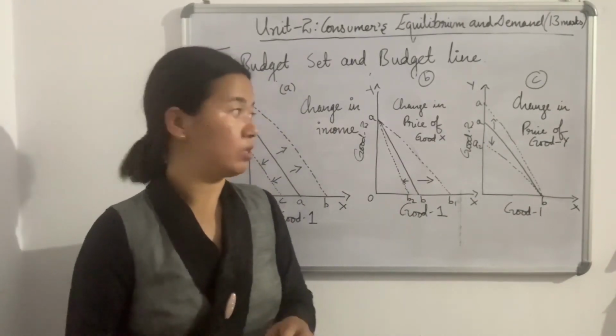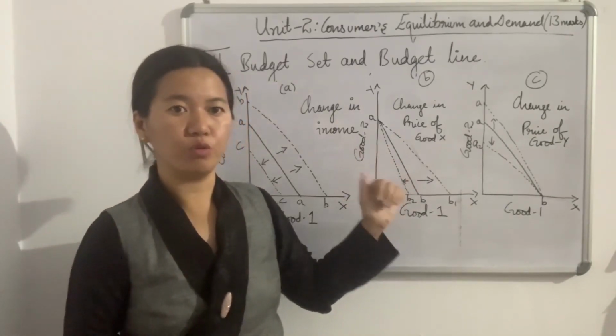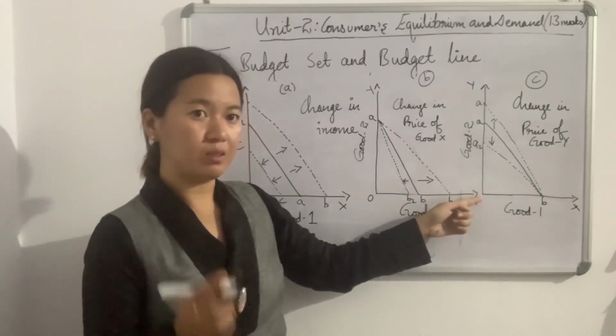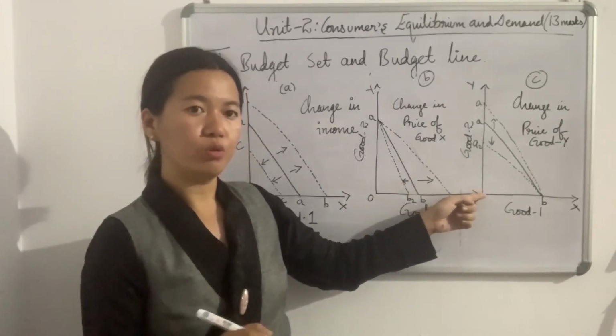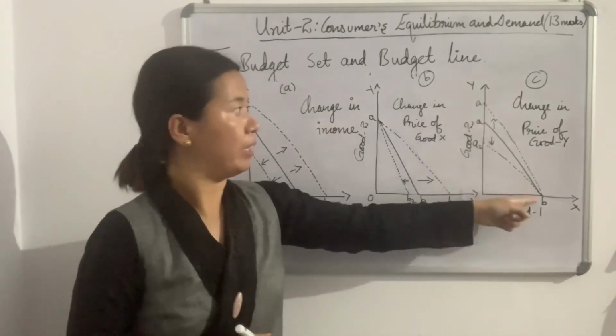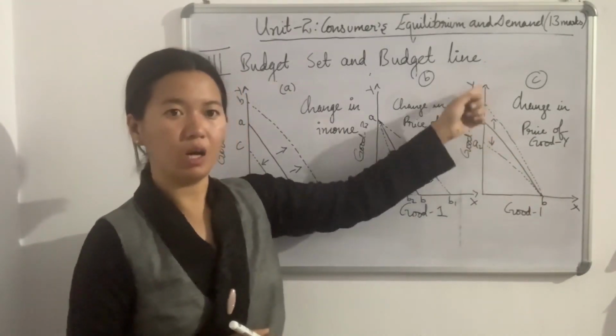And vice versa, when there is a fall in the price of good 2, you will be able to buy more of good 2. Therefore, your budget line will rotate upward from AB to A1B.